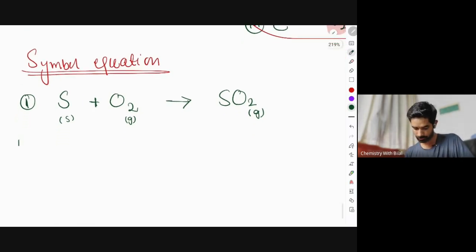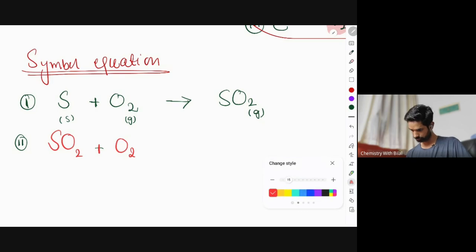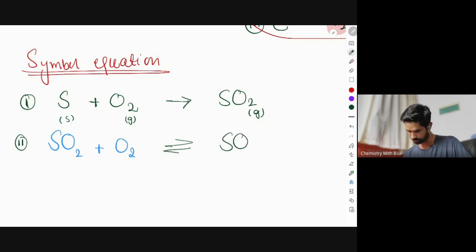Now, in the second step, I want everyone to write these symbol equations with me. In the first step, you burn the sulfur in oxygen, burning always happens in oxygen, and you get sulfur dioxide. In the second step, sulfur dioxide is again burned in further oxygen. And this beautiful reaction is, let me use my favorite color, the only reaction in the 4 reactions that is reversible.